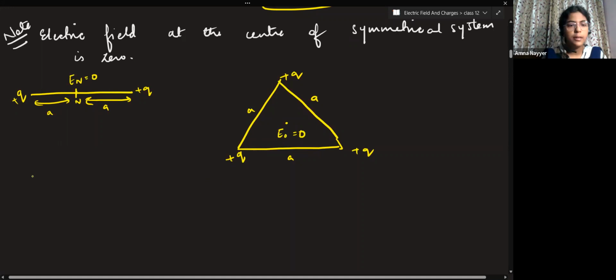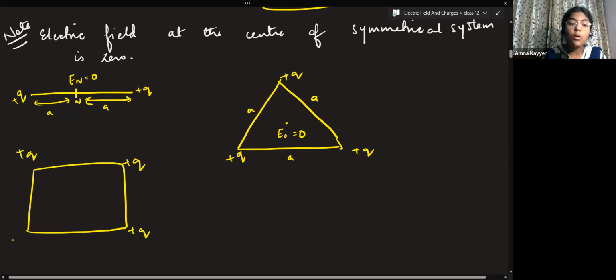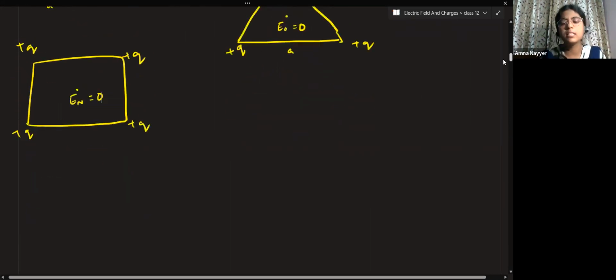Here then, if you increase number of lines, another symmetrical system possible is a square with all the charges magnitude equal. So at the center, electric field will be neutral, this will be 0. Or you can keep on increasing number of lines, instead of a square you can take a pentagon.